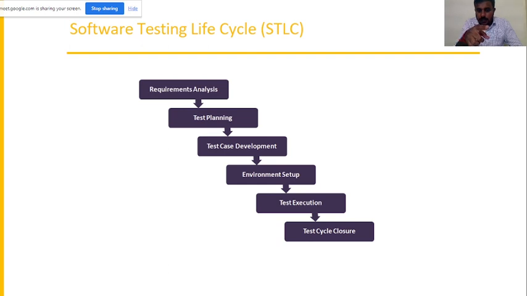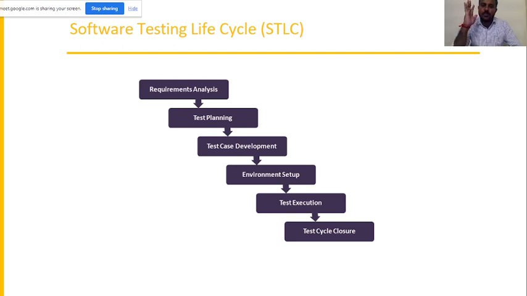Okay. All of you copy down the diagram as it is. Don't worry. In a few minutes we will get to know. To test the software product, in the requirements analysis phase, what activities we have to perform. In the test planning phase, what activities. In the test case development phase, what activities.